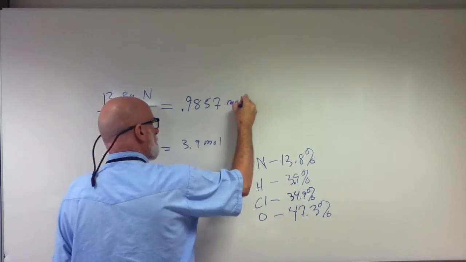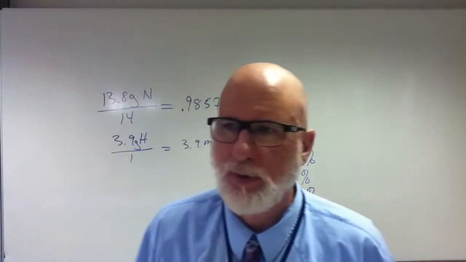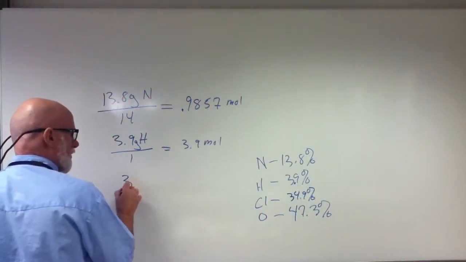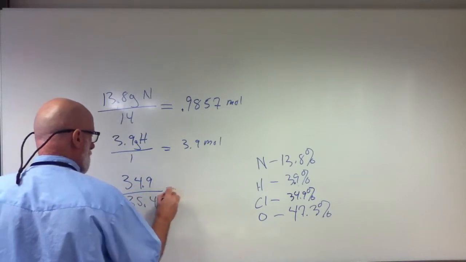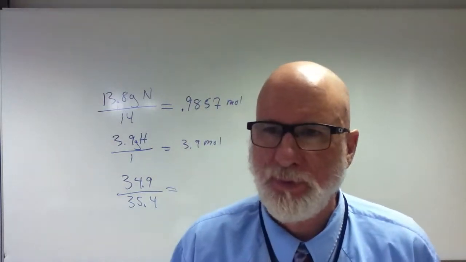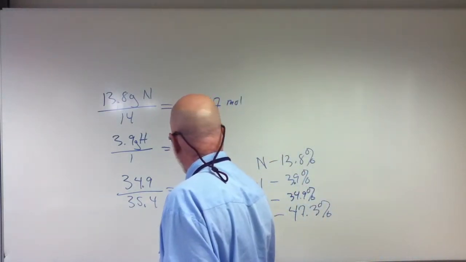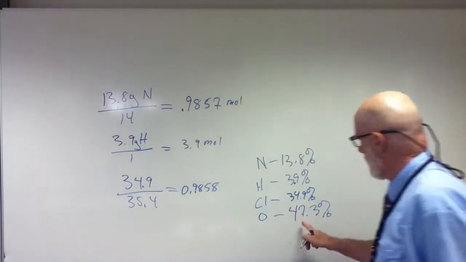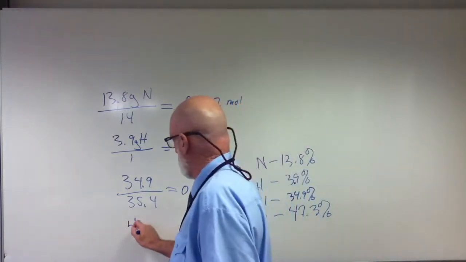This is moles, okay? What about chlorine? It'll be 34.9 divided by 35.4. What is that going to equal? 0.9858. Is that what you said, Brandon? Yeah, good, excellent. And what about oxygen? I have 47.3.